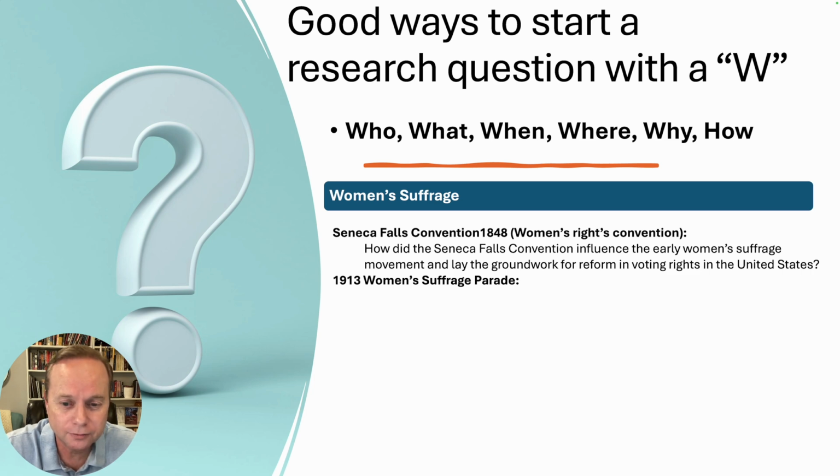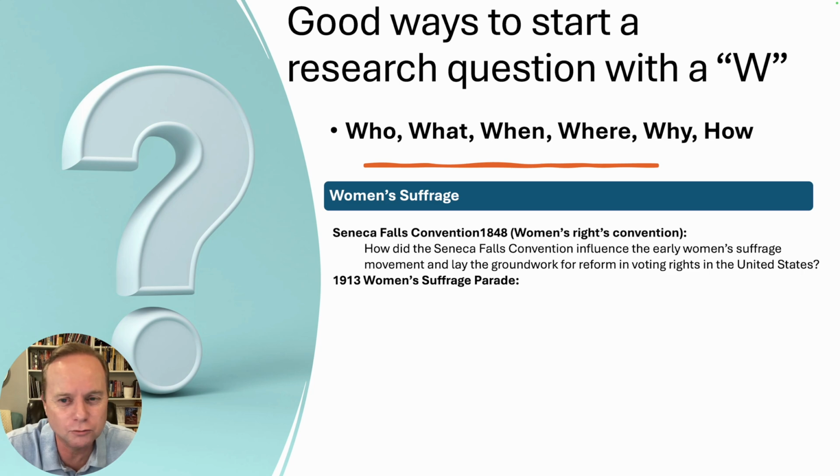When did this women's suffrage parade take place, and maybe when did the results actually take place after the parade? When did the laws actually take place, or when did they change?